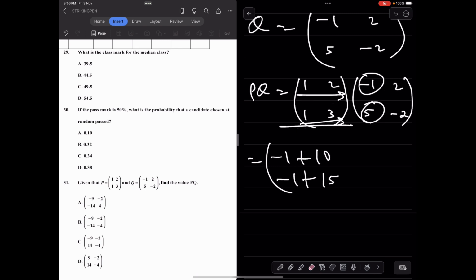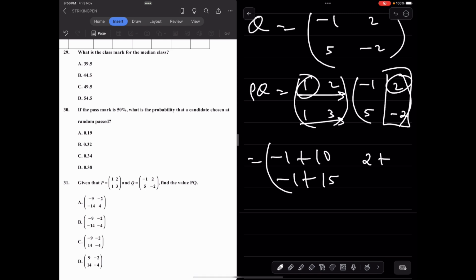Now we go again, we multiply the two rows in the first matrix by the second column of the second matrix. That simply means 1 times 2, that's 2, plus 2 times minus 2, which is minus 4, the same as 2 minus 4.